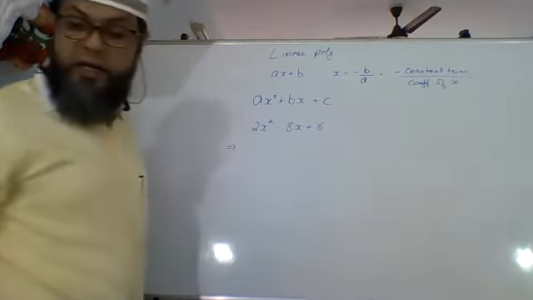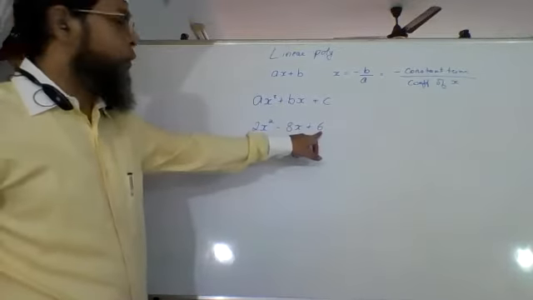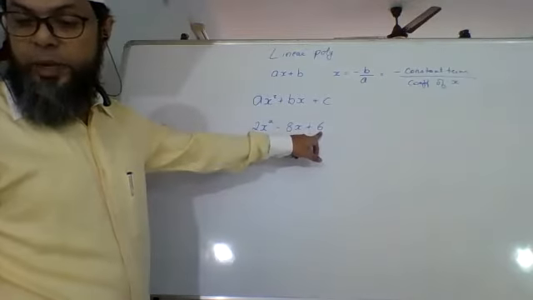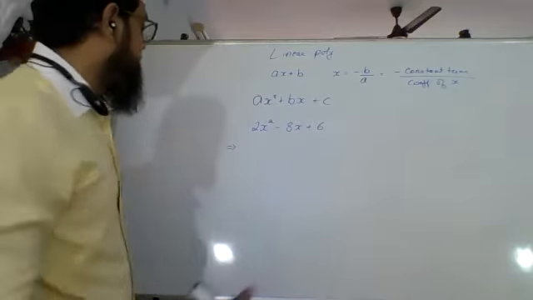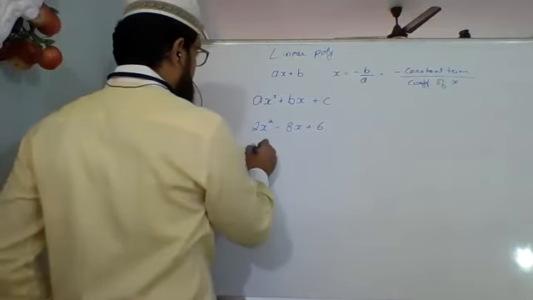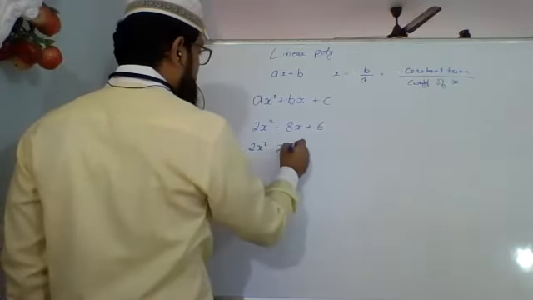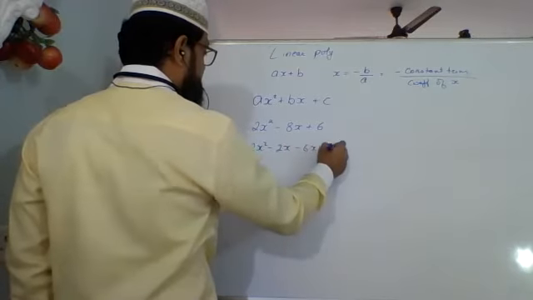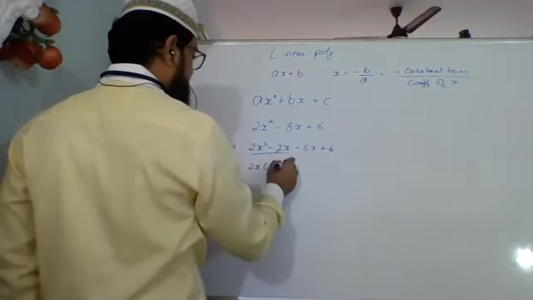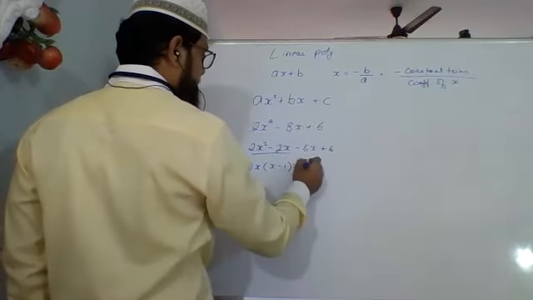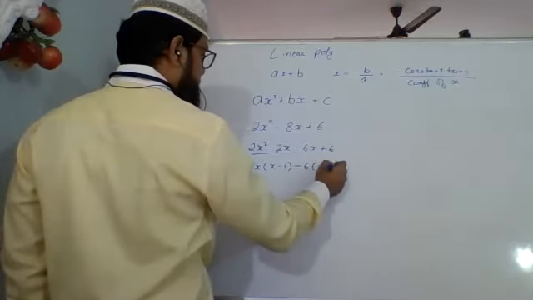Now this 8 gets split up. 6 into 2 is 12. Now this gets split up as factors of 12 which give me 8. So I get 2x square minus 2x minus 6x plus 6. From this, I can remove 2x common, so I have x minus 1. From this, I can remove minus 6 common, x minus 1.